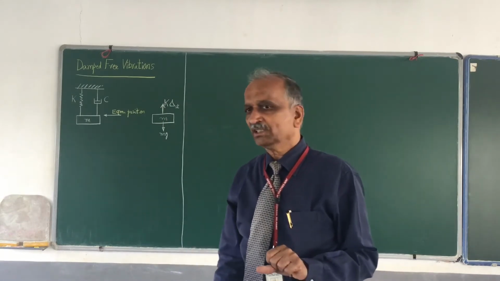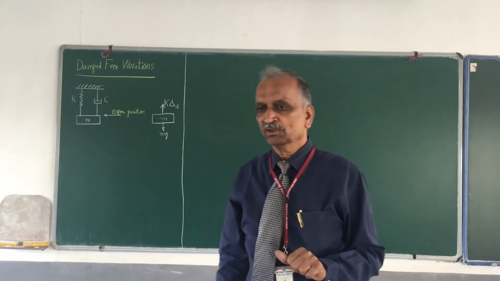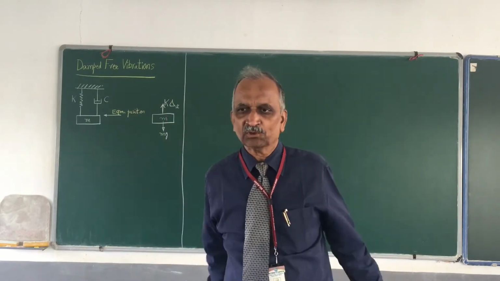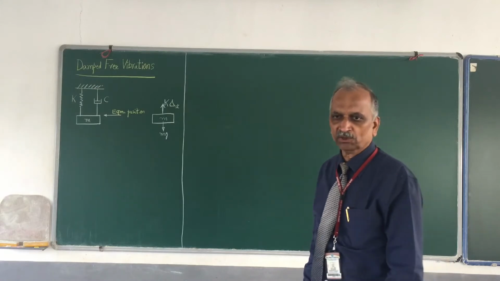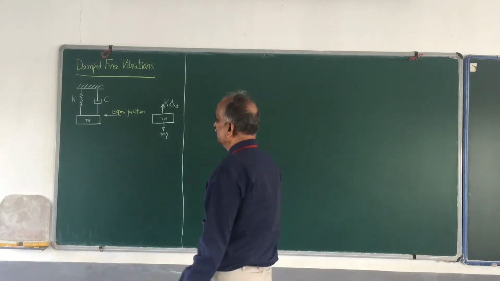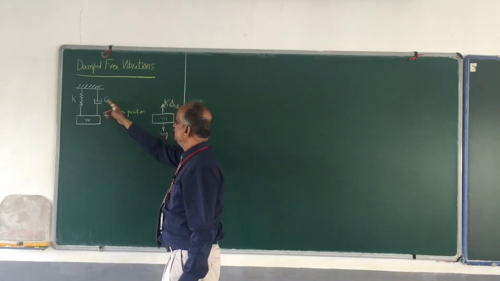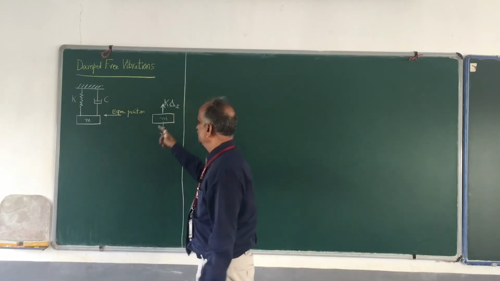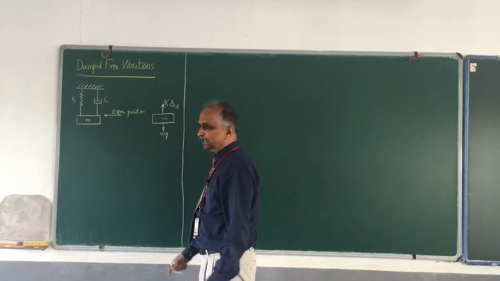If there is no velocity, it is not going to offer force. The force offered by the dashpot is directly proportional to velocity, F equals c times x dot. That's what we discussed yesterday. So right now, in this equilibrium position, the c component is not offering any force. Therefore, mg is equal to k into delta st.